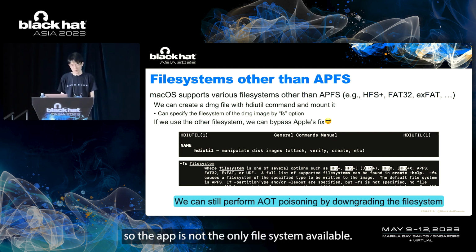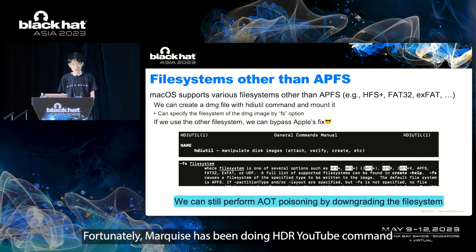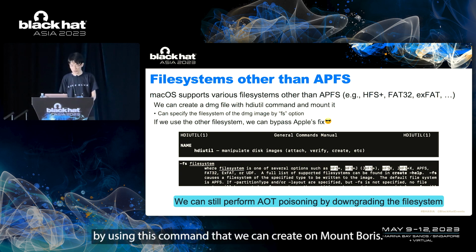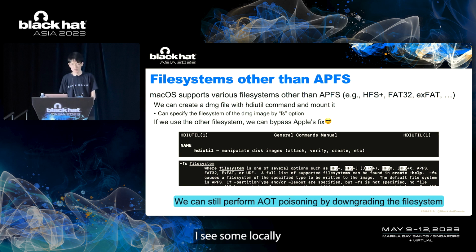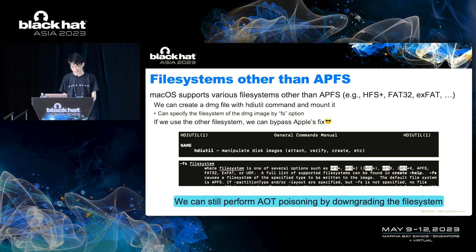So APFS is not the only file system available on macOS. Fortunately, macOS has the built-in hdiutil command, and by using this command, we can create and mount various file systems locally. Since Apple's fix relies on the APFS fix, we can bypass it using other file systems.